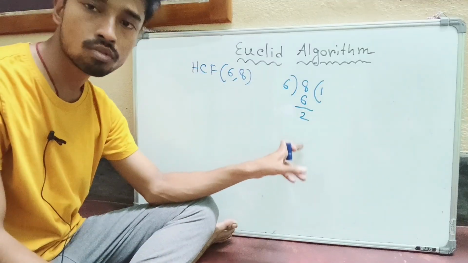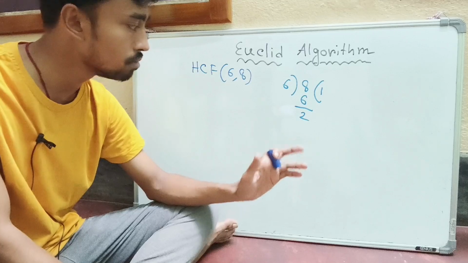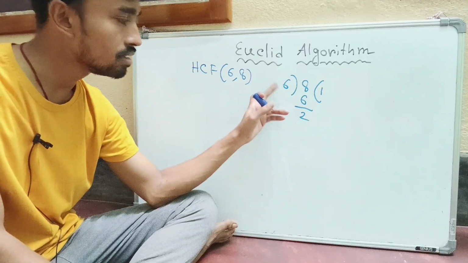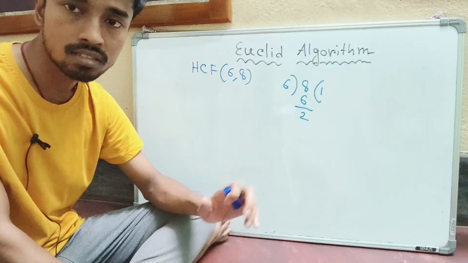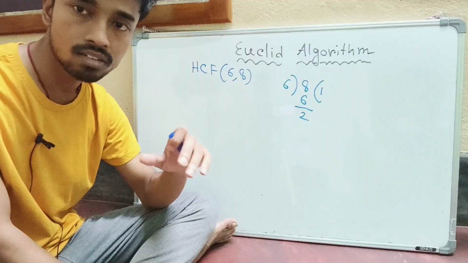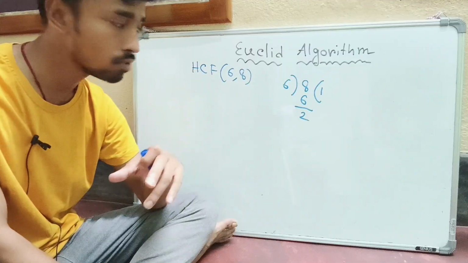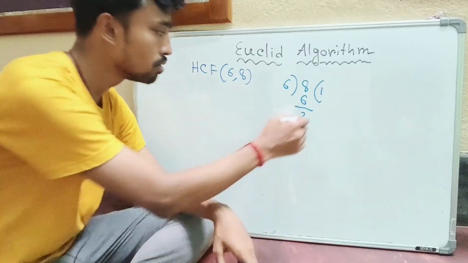Now since there is a remainder of 2, in the second step of this long division or this algorithm, 2 becomes the divisor and the previous divisor becomes the dividend. That is the most important thing in this algorithm. The remainder becomes the divisor and the divisor becomes the dividend.